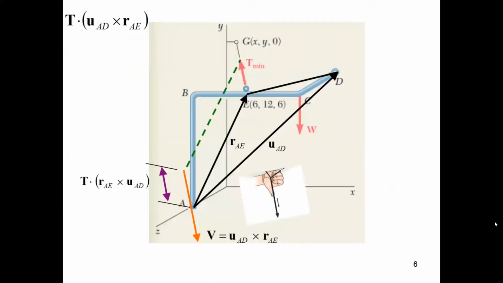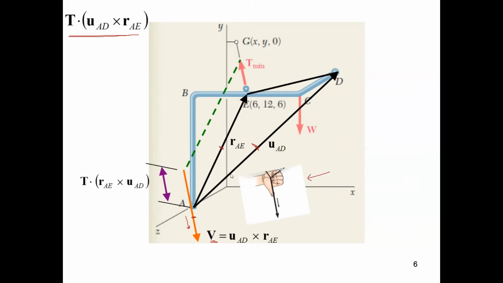Now let's investigate the following scalar triple product. The cross product of the unit vector AD and the position vector AE is a new vector V, perpendicular to both of them and pointing in this direction. How do we know that the new vector V is pointing in this direction? Use the right-hand rule.